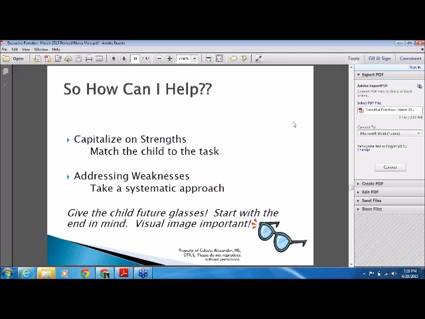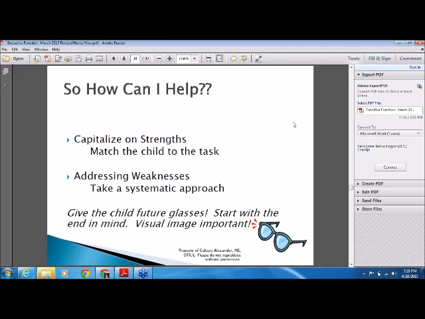So as we concluded last time, how can we help? We can definitely capitalize on some of our children's strengths. We want to really match the child to the task. And again, I think OTs are perfect at doing that. We know how to analyze and break down and grade activities like nobody's business. We do it all day long.